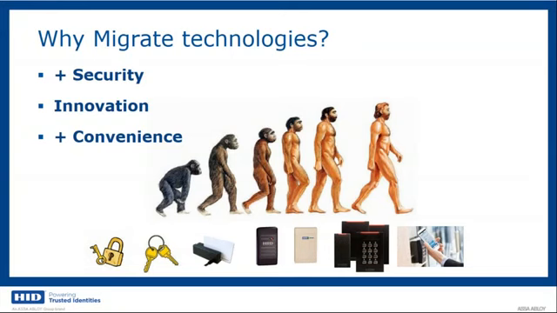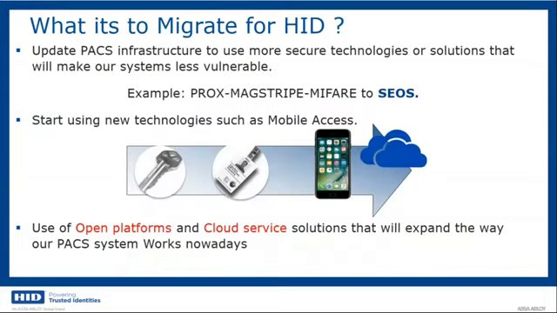So this can be really convenient for our budget, for our money, and for the projects that we are actually having right now, okay? So what is a migration, or what does it mean to migrate for HID?